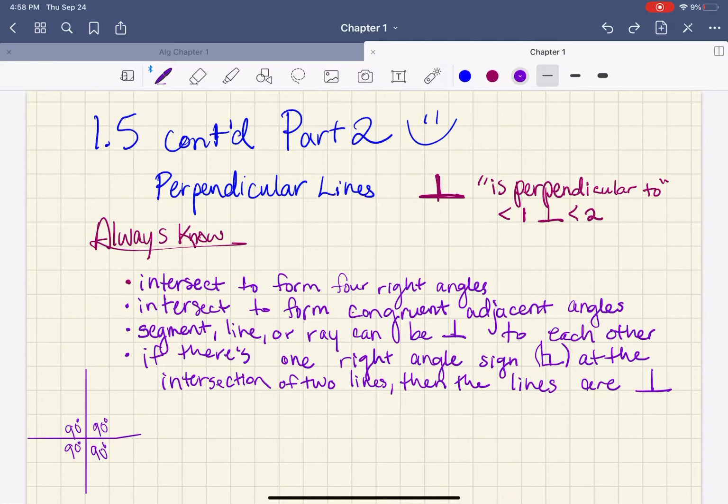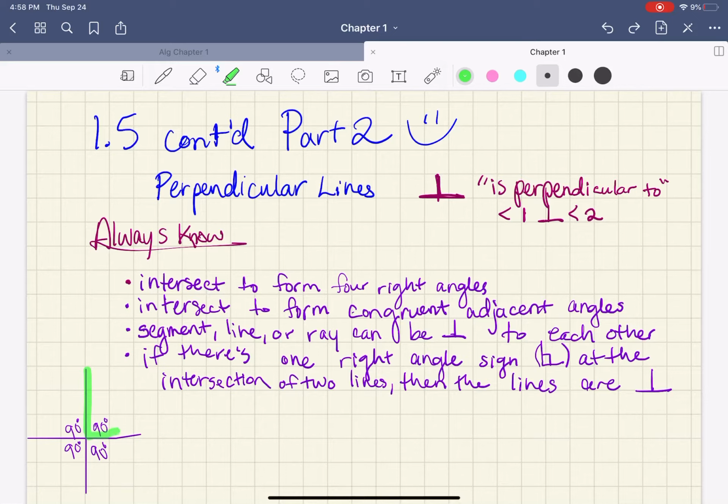And it says that they intersect to form congruent adjacent angles. That seems a little like overkill to me, because what it's saying is the adjacent angles are going to be congruent.